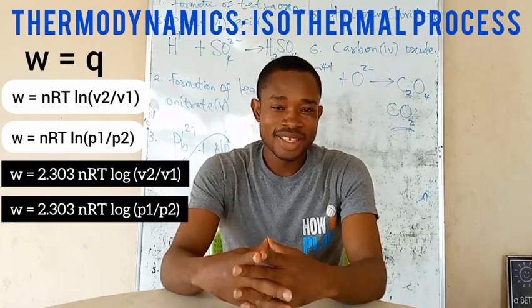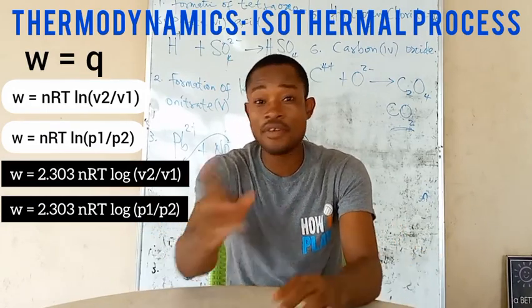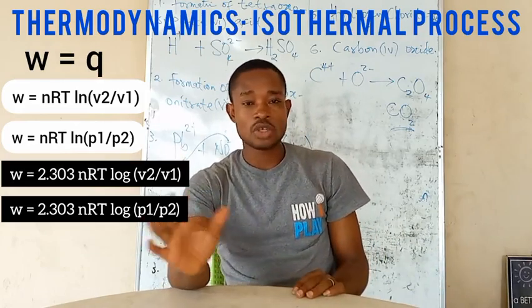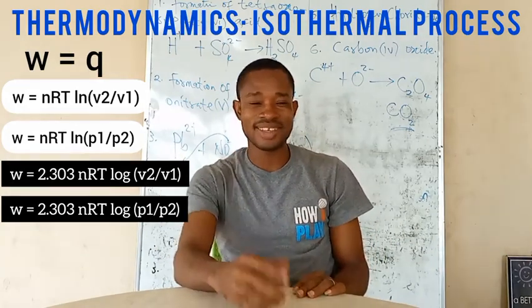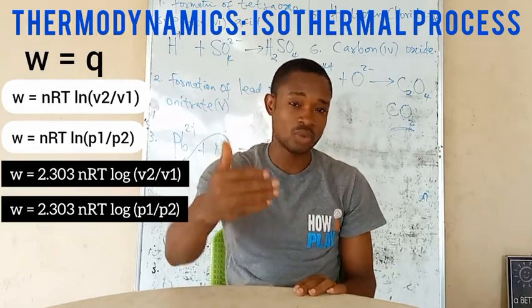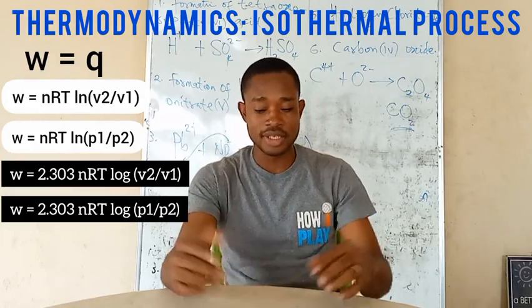So this formula can still be used. However, the truth is I prefer using that of ln for solving problems, and I urge you to also use that. But you can still use that of log, okay, without constant 2.303 to get the same value.